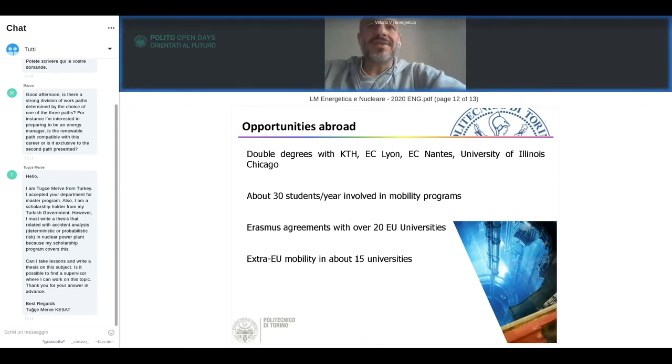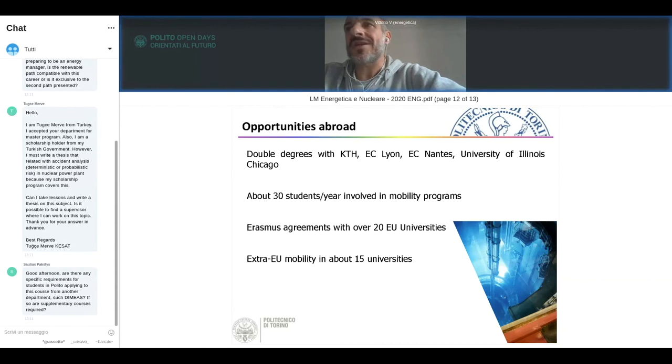So the first question is: is there a strong division of work paths determined by the choice of one of the 3 paths? Well, I think no. If you like a subject, generally speaking, you can build your background and then quite easily move from one sector to another one.